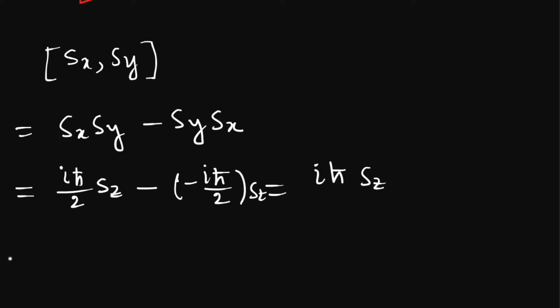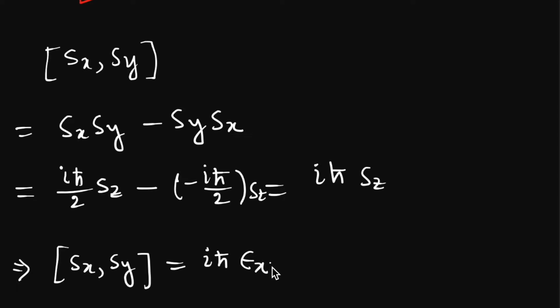Since Sx Sy is equal to iħ epsilon xyz, if the value corresponding to ijk is xyz, that means epsilon xyz is 1, into Sz.